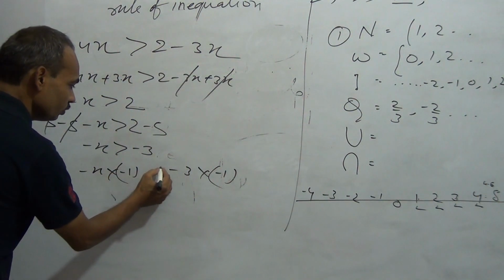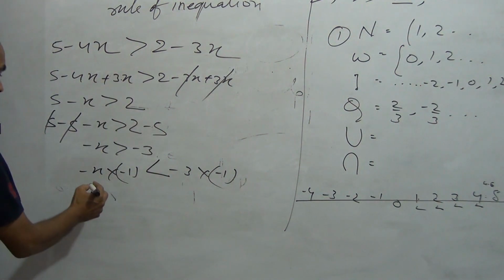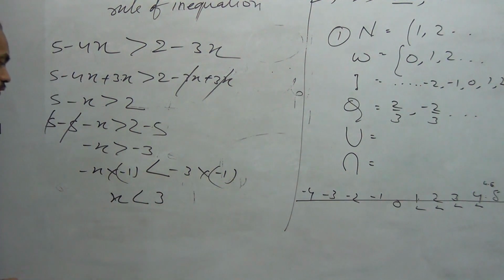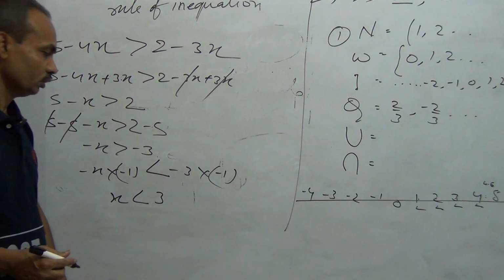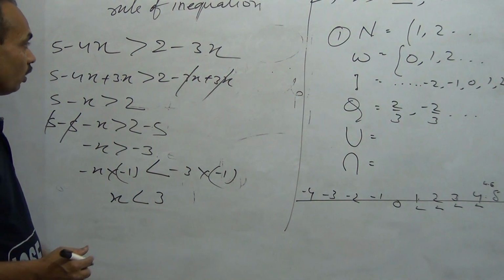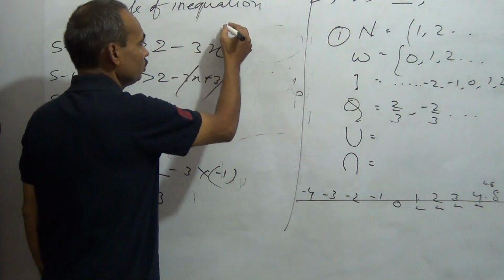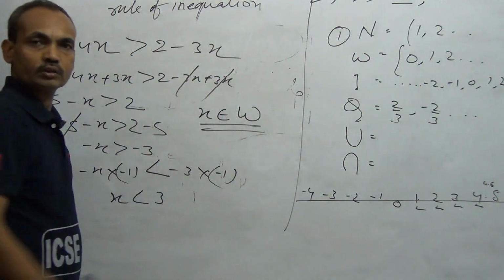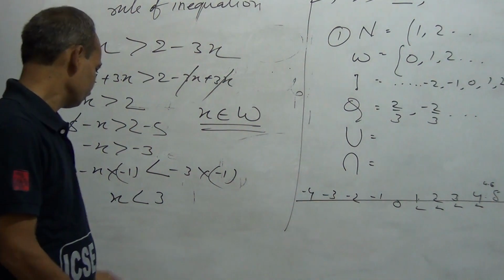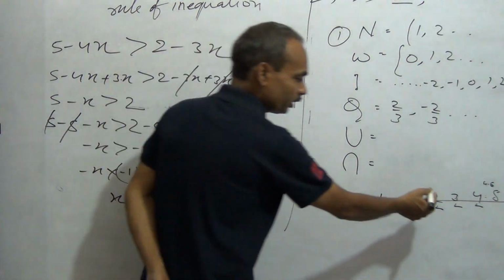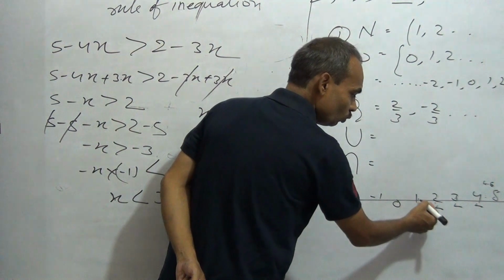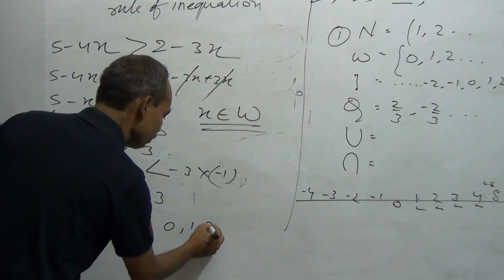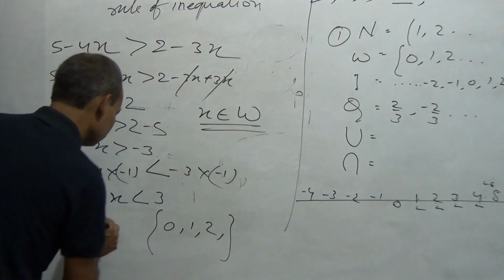So this sign will become this sign. x is smaller than 3, and in the question, x belongs to whole number. Smaller than 3 whole numbers: 2, 1 and 0. So the solution set is 0, 1, 2.